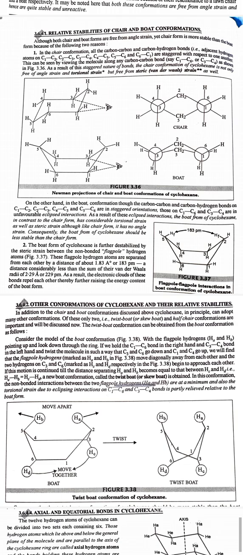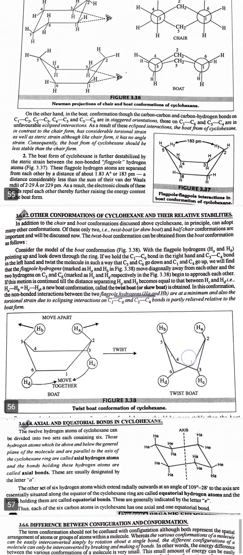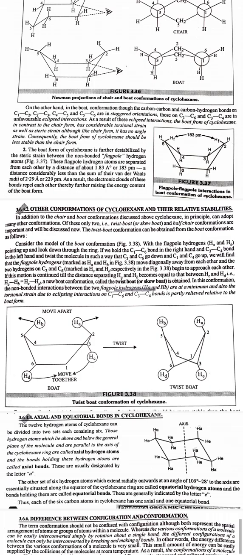The boat form is further destabilized by the steric strain between the non-bonded flagpole hydrogen atoms. These flagpole hydrogen atoms are separated by a distance of 1.83 angstrom, considerably less than the sum of their van der Waals radii. As a result, the electron clouds of these bonds repel each other, thereby further raising the energy content of the boat form.